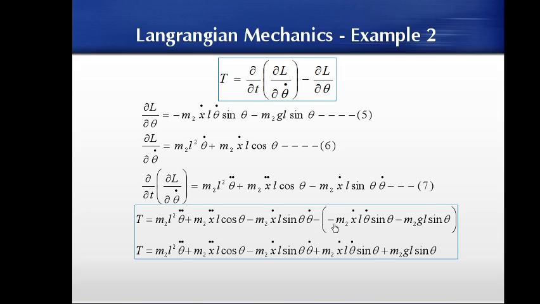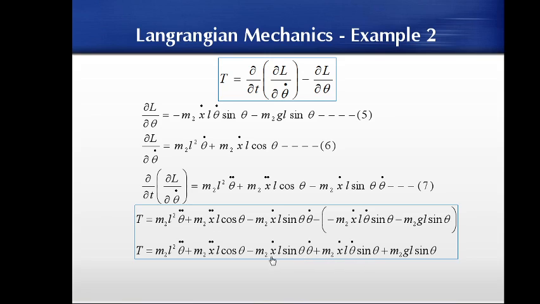So minus of dou L by dou theta, that is minus of m2 x dot L theta dot into sin theta minus m2 gL sin theta. If I take this minus inside, I get this term as positive: plus m2 x dot L theta dot into sin theta, and minus into minus again gives plus m2 gL sin theta.